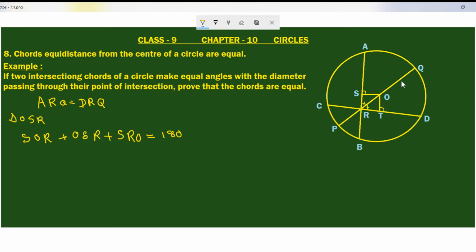So now we need to prove these two angles are equal. That means SOR is equivalent to TOR.